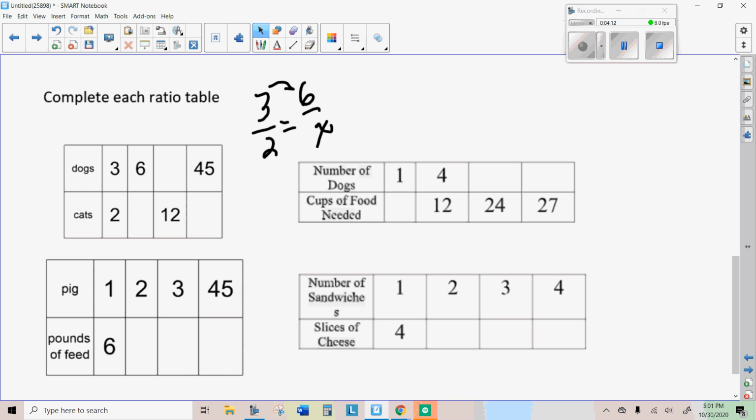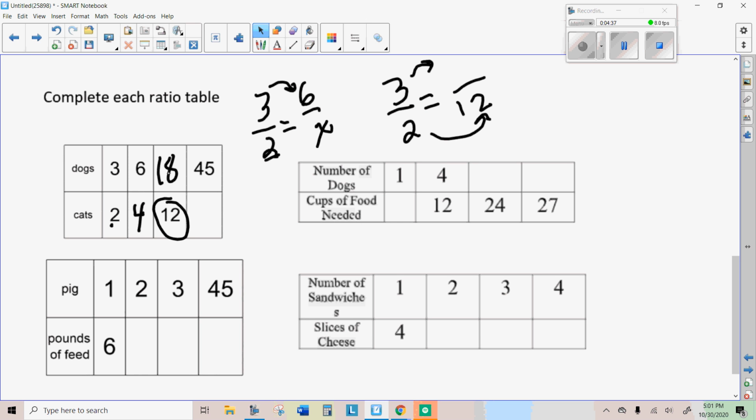Well, since 6 is 2 times as big as 3, then we need to do 2 times 2, which is 4. Okay. Now, if we put 3 dogs, 2 cats, and we want to do 12 cats, put the 12 cats down there. Well, that's 6 times bigger than this 2, so we're going to do 3 times 6, which is 18.